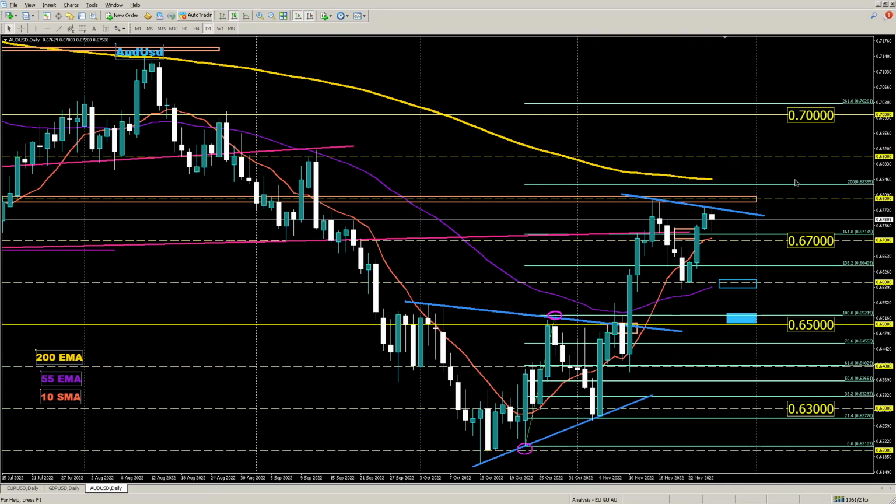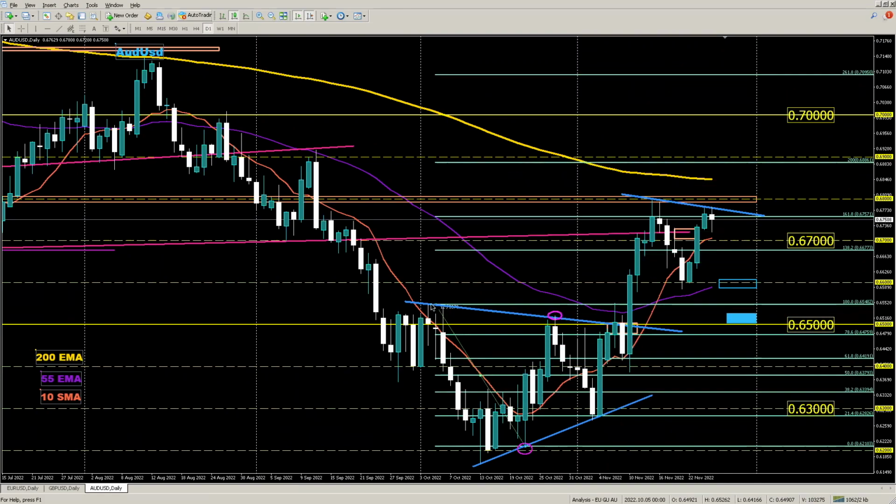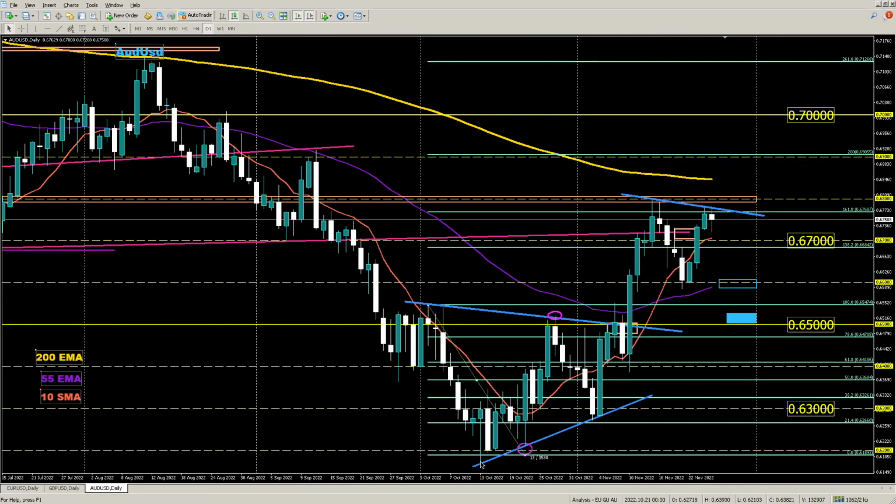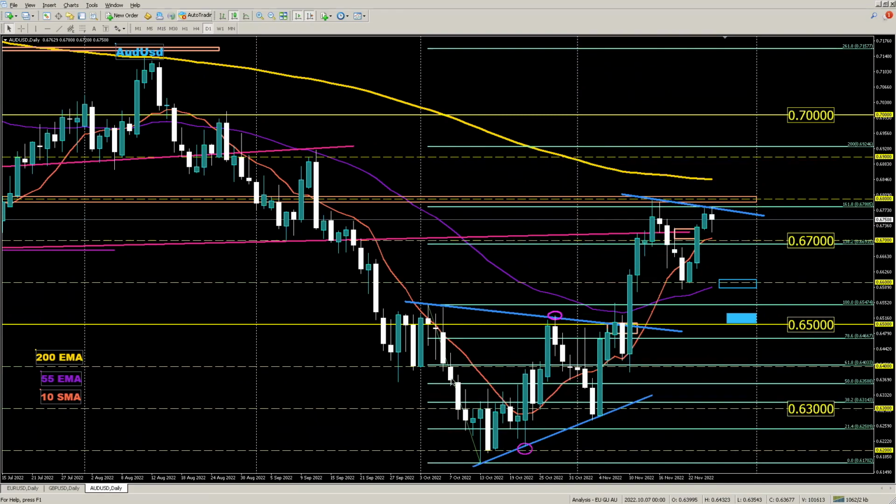and climb up to the next fib. We could also update this fib to this reversal fib, and it has hit the 162 right there twice now, and we'll see if it's able to break through higher or just go back to consolidate.